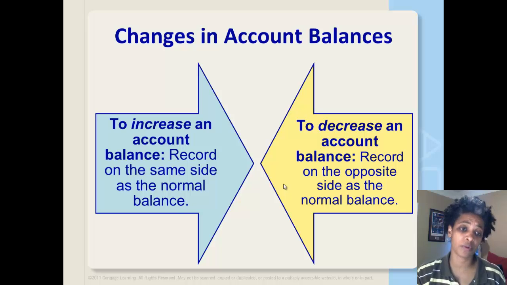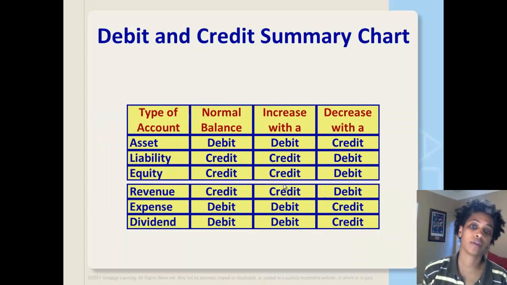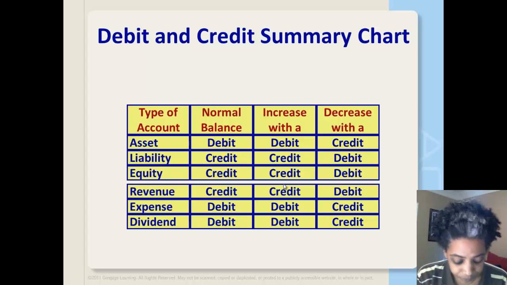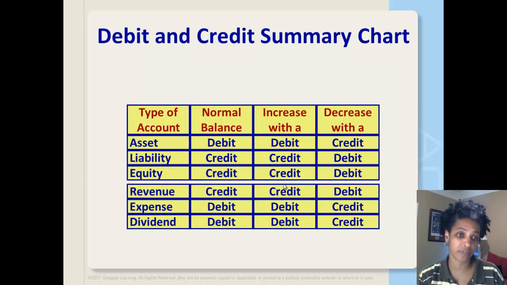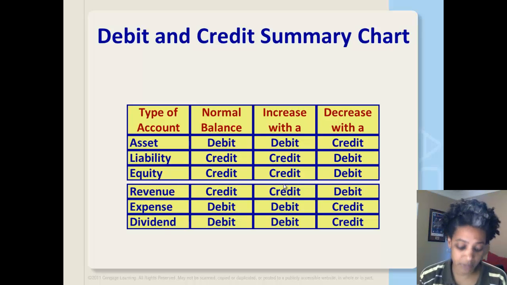And we just went through the assets, liabilities, and equity to talk about the normal balance for all three. So here's a summary chart that reiterates everything that we've said. We've got each major type of account and how the debit and credit columns are used to increase or decrease those accounts. So assets, liabilities, and equity on the balance sheet, revenues, expenses, and then dividends on the income statement.